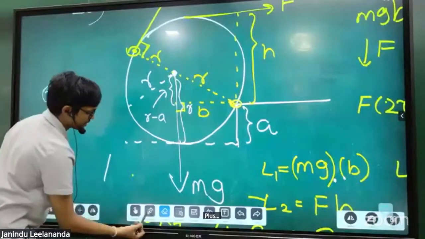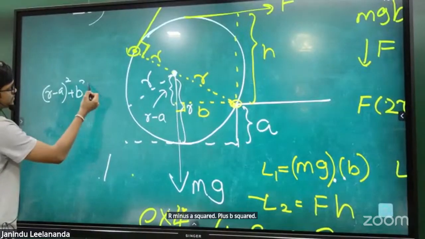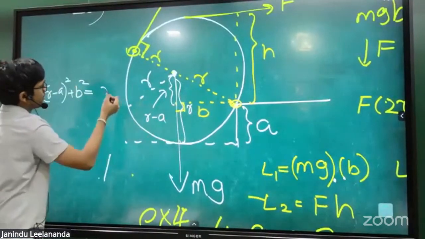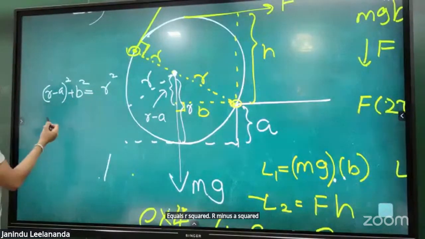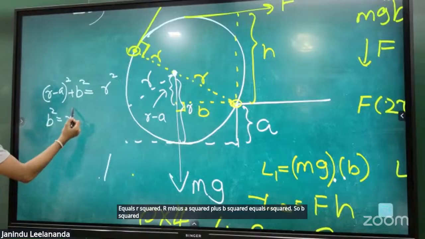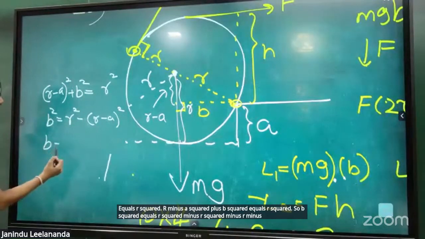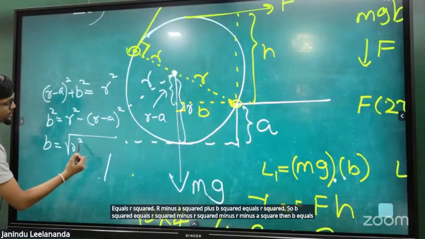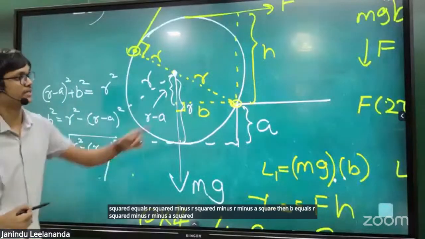R minus A squared plus B squared equals R squared. So B squared equals R squared minus (R minus A) squared. Then B equals the square root of R squared minus (R minus A) squared. Then I can put that B there.